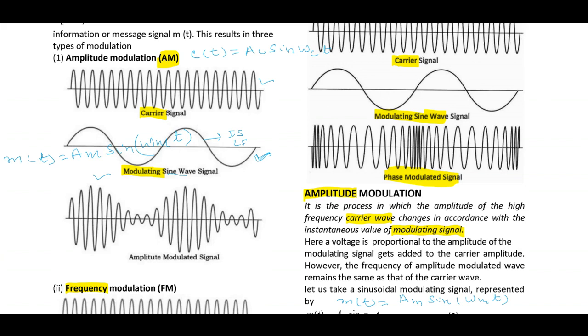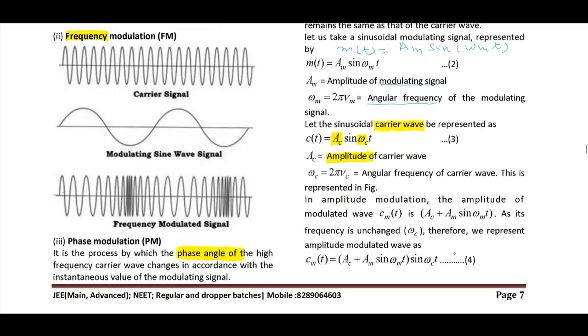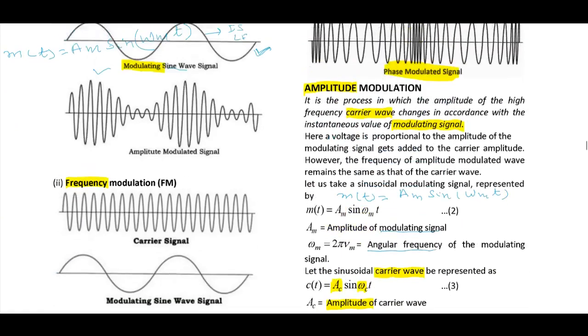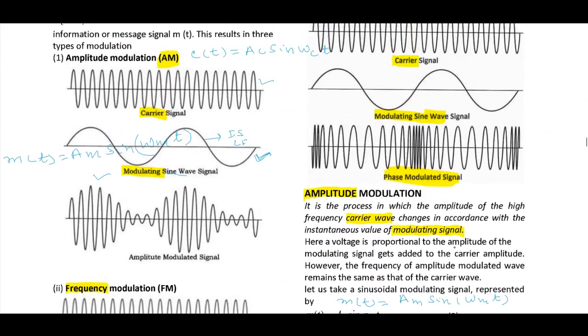Now what we shall be doing? Now I will just make one change here. As waves are directly in front of you, c(t) is the carrier wave. Look at this expression, c(t) is Ac sine omega c t. Now this is the amplitude modulated wave.